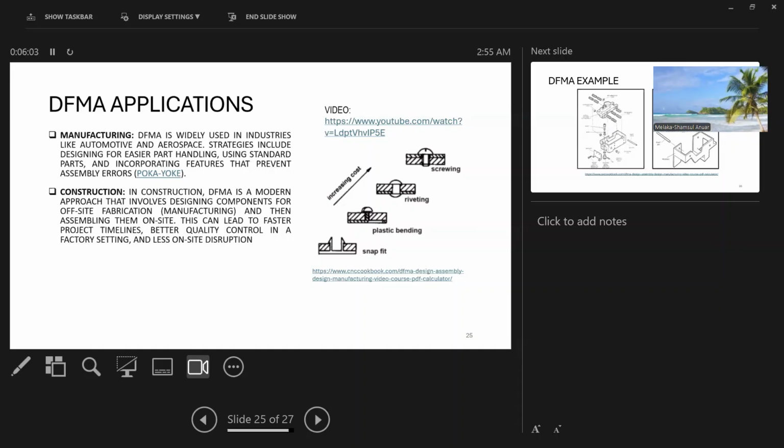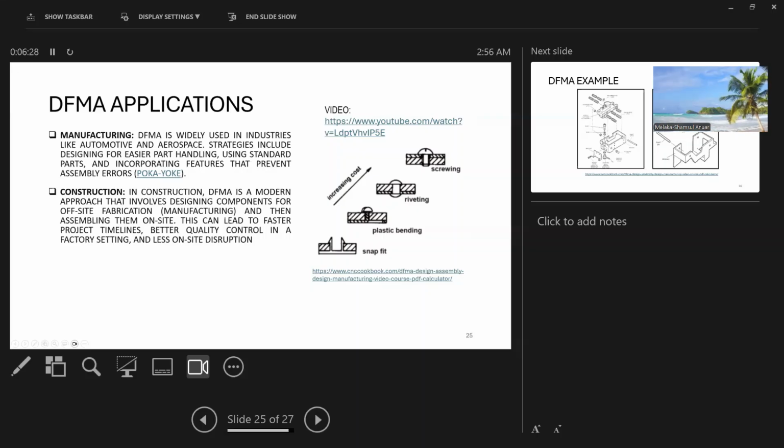It's a Japanese word, and basically it tries to avoid errors. But overall it is trying to make things as simple and as inexpensive as possible.